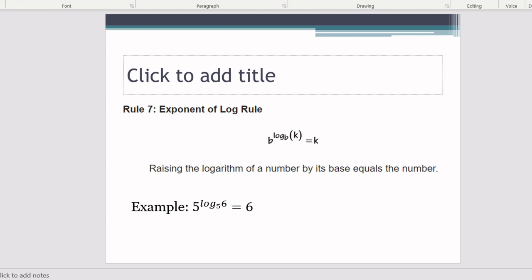For the next rule, just remember the exponent of a logarithm rule: raising the logarithm of a number by its base equals the number. So 5 raised to log base 5 of 6 will always be equal to the number. If it is 6 here, or 7, the answer will also be 7.